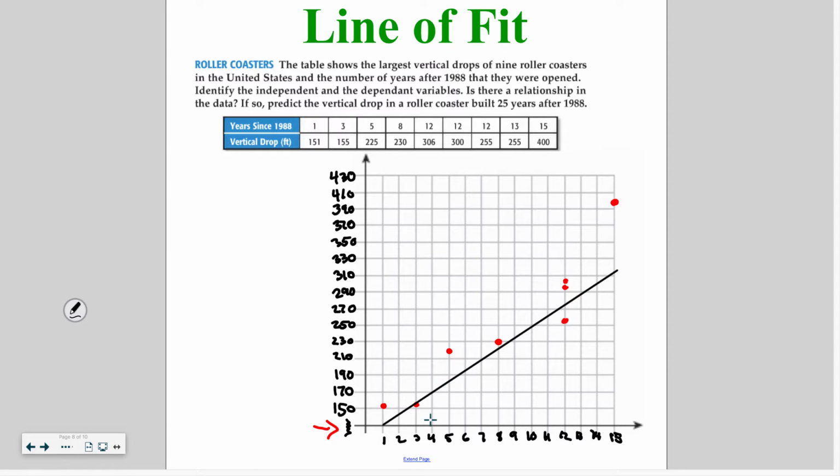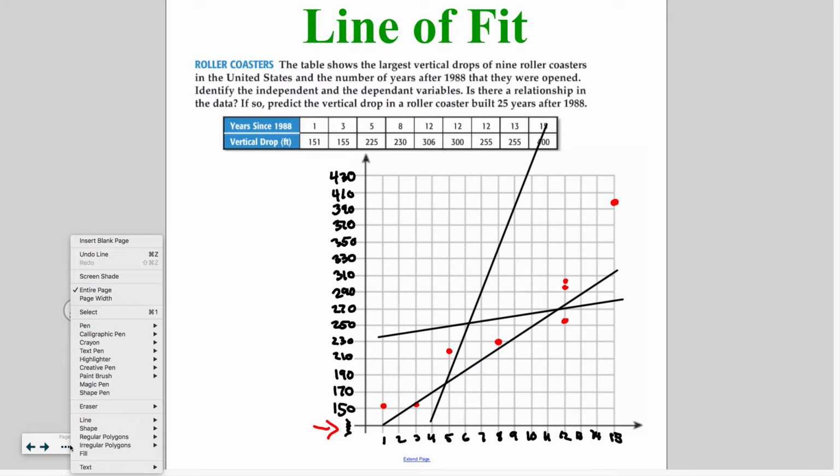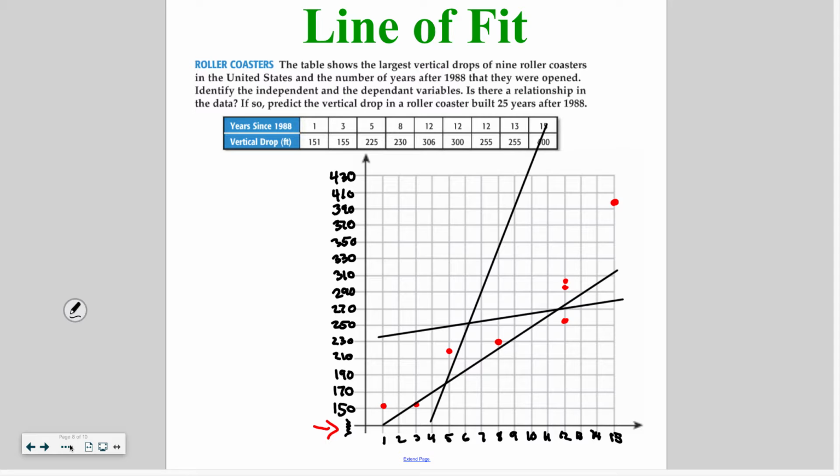We would not want to draw in a line going like this. That is far too steep for our data. Or we would not want a line going here. That is too flat for our set of data. Our one point up here is kind of far away from everything else, so while you are drawing that line, you can go ahead and ignore that.